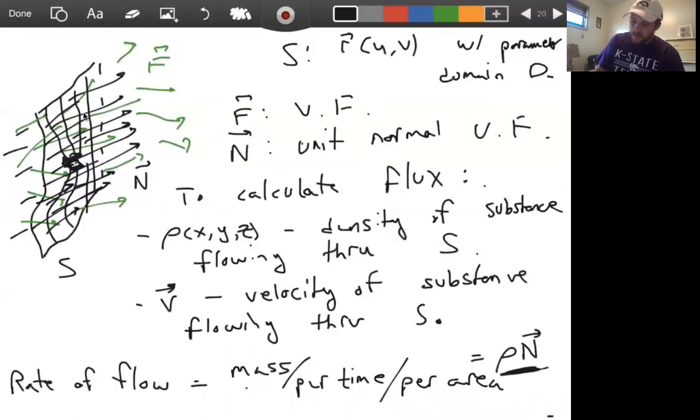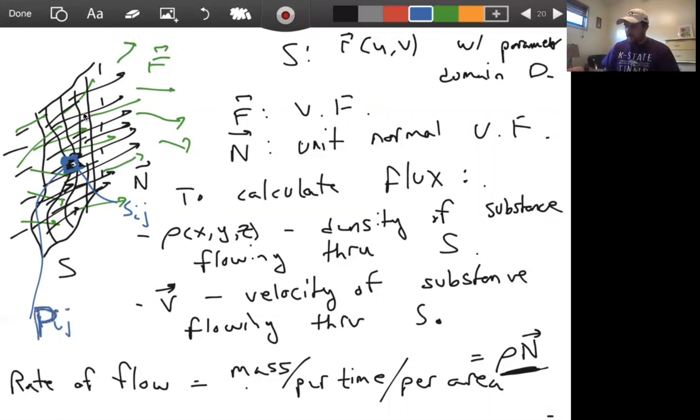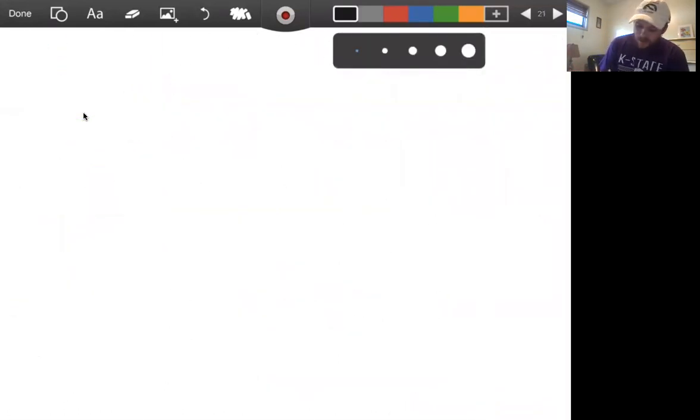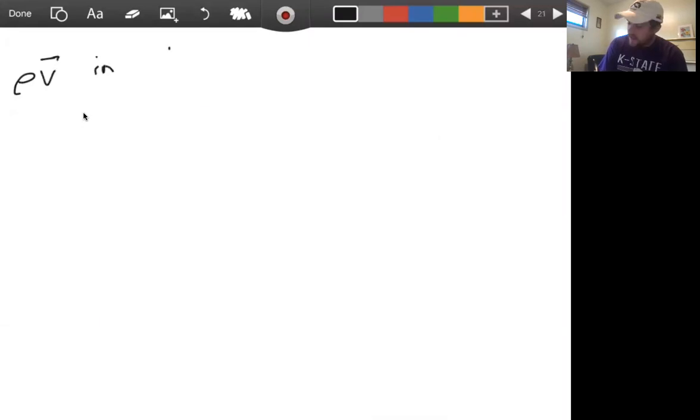And now if we look at, say, where am I? So I wish this was in blue. Remember, we broke this up into these S sub ij's, which are these little mini parallelograms, right? And then the point in the lower left corner we said was Pij. Okay. And now, what else do we need to calculate flux? We need rho v in the direction of n, right?